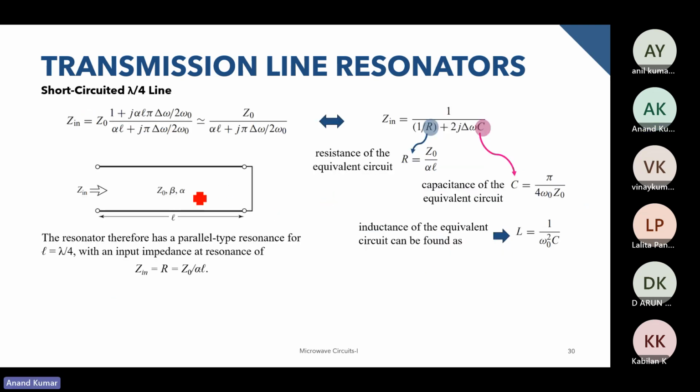Now, for a short circuit lambda by 4 line, the circuit is like this.